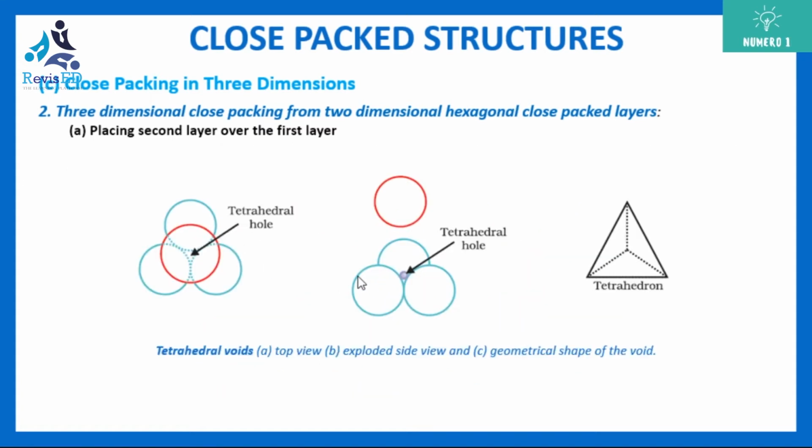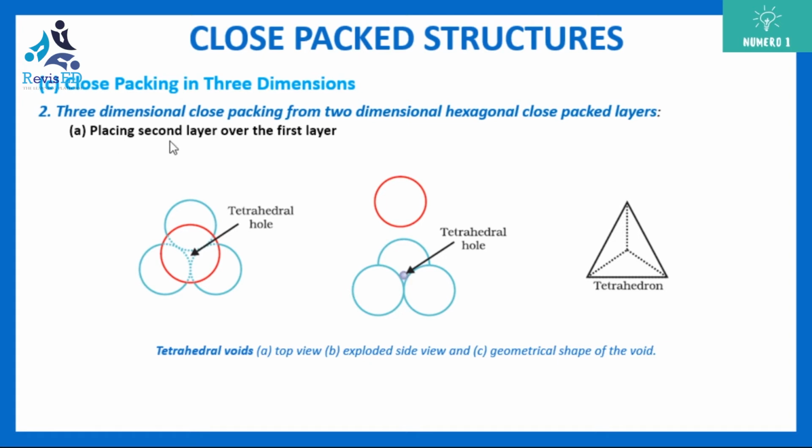If you see here, these are my three constituent particles, or let me call them atoms. If I place my fourth atom on top like this, there is a tetrahedral void created here, because if you join the centers of all these atoms, you get a tetrahedron structure. So this is your tetrahedral void.